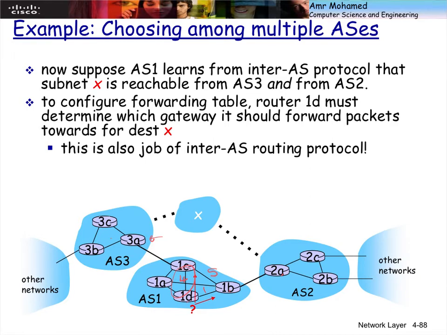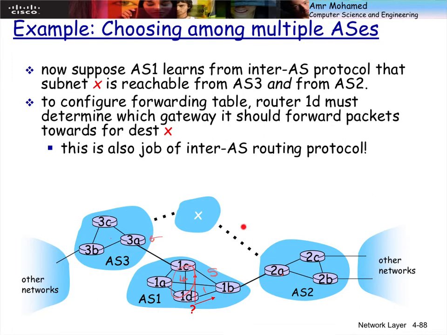Yeah, that's a good question. This assumes that, of course, the distance between 1B and X and the distance between 1C and X is similar. It's the same. Okay? Because sometimes what you say is right.